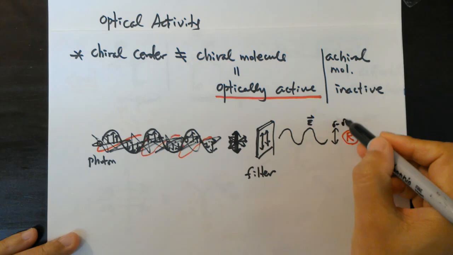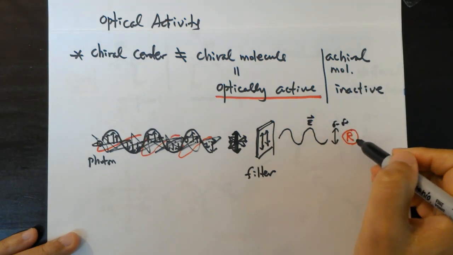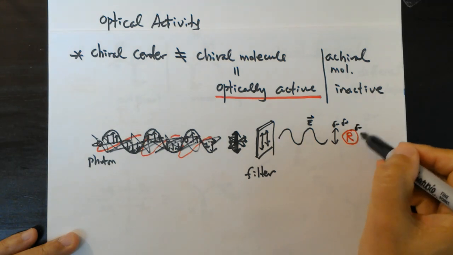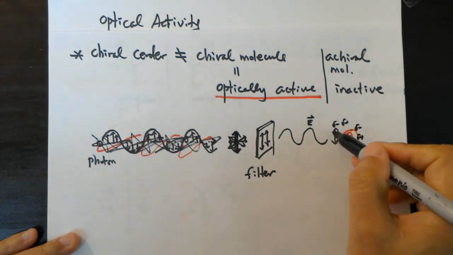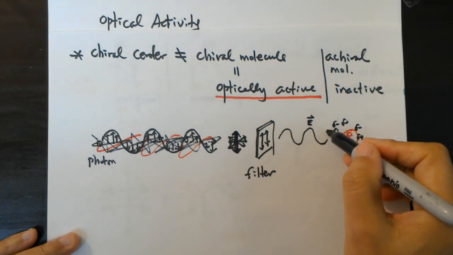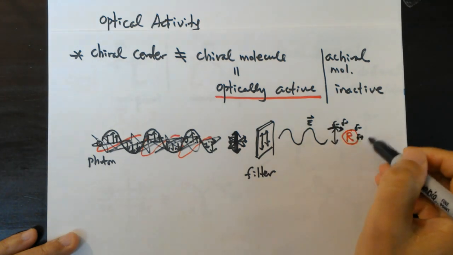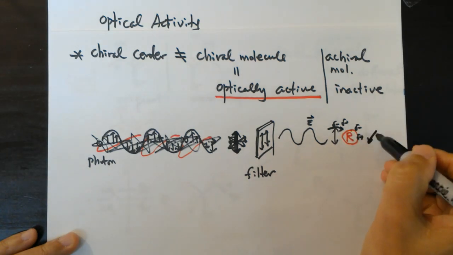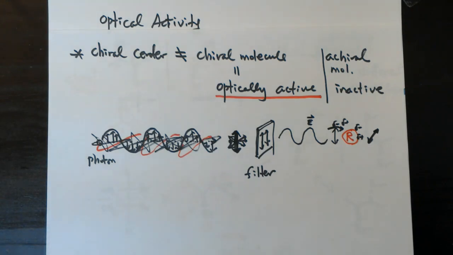The oscillation of charges in the light interacts with the spatial arrangement of the charges in the molecule. This turns it, so it gains a momentum in a certain direction. Say it turns this way. So you might now have the photon oscillating that way.